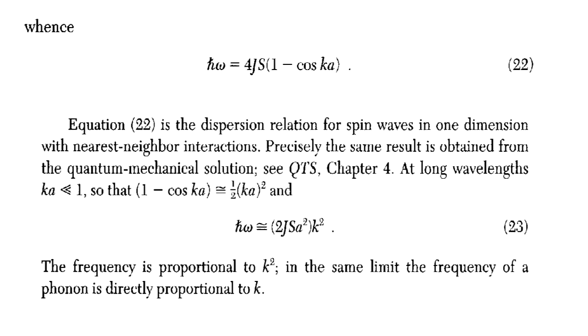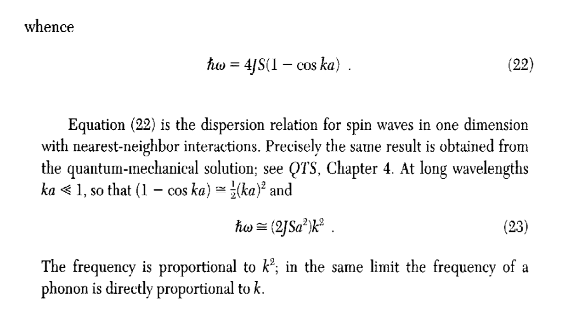When you rearrange, you will get (h cross omega) all square equal to (4JS) all square into (1 minus cos ka) square, and h cross omega equal to 4JS into (1 minus cos ka). So this is the dispersion relation for spin waves in one dimension with nearest neighbor interactions.